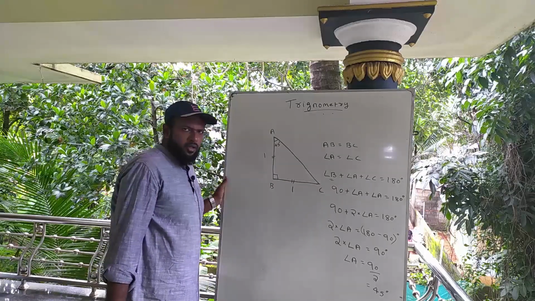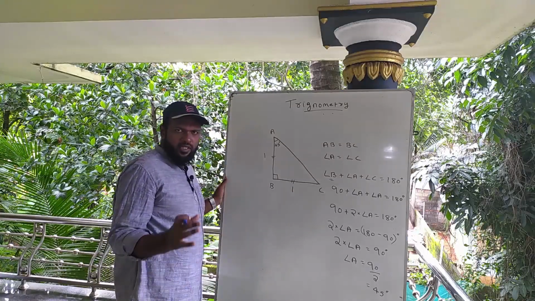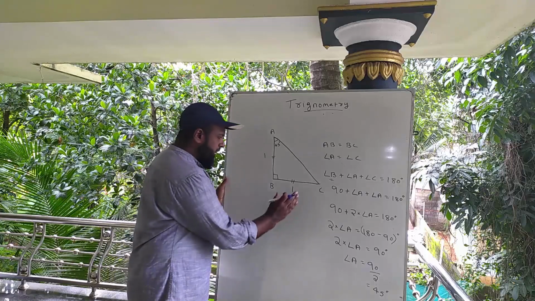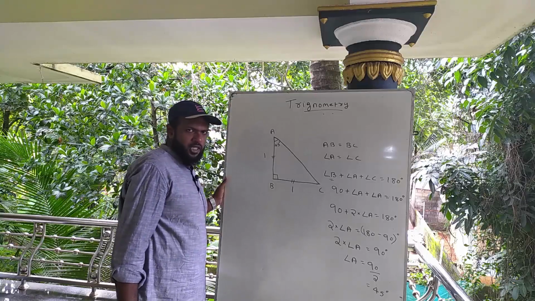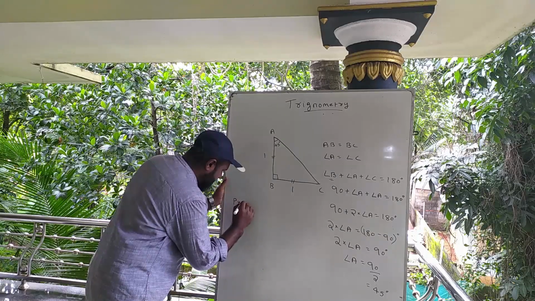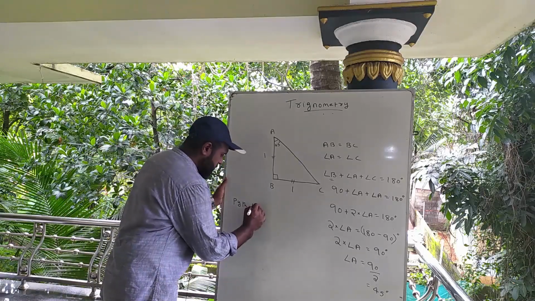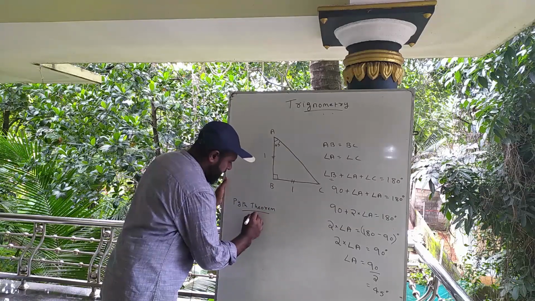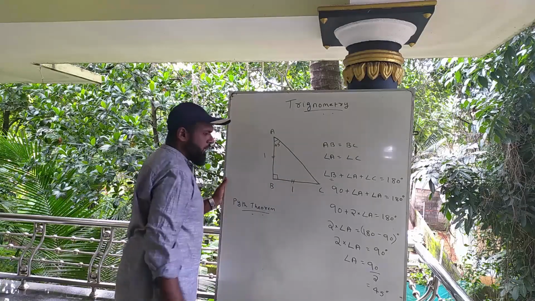Then according to the Pythagoras theorem, the sum of base square plus altitude square equals hypotenuse square.